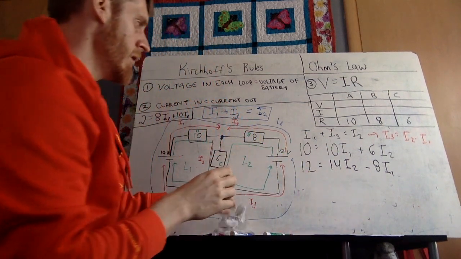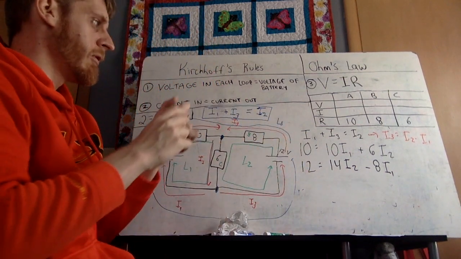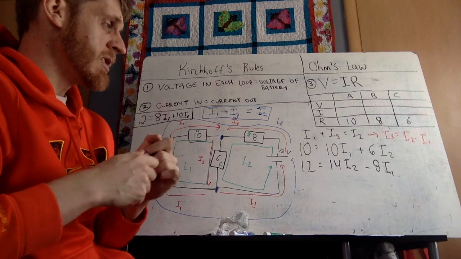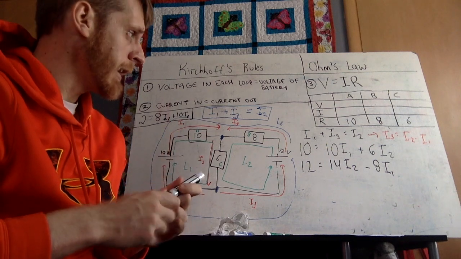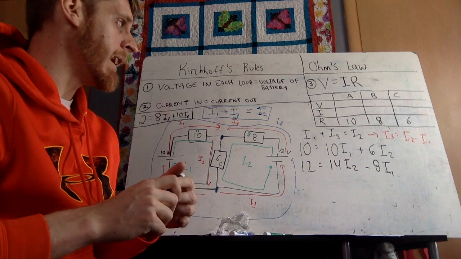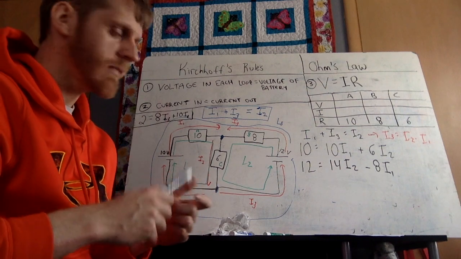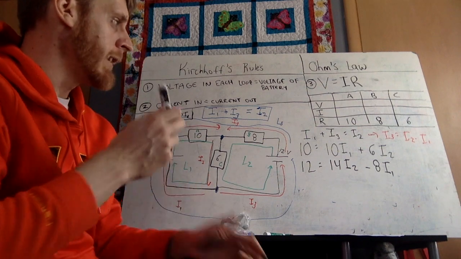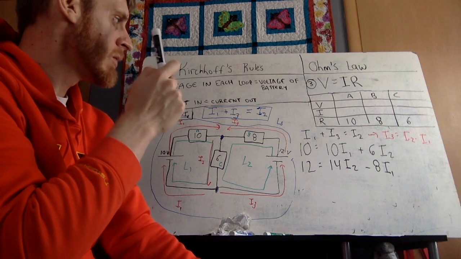Okay, so now if you look at these two equations right here, I have two equations and two unknowns. That's a little bit nicer because I got rid of that I3 completely. I don't need it anymore. So now I need to solve two equations, two unknowns.